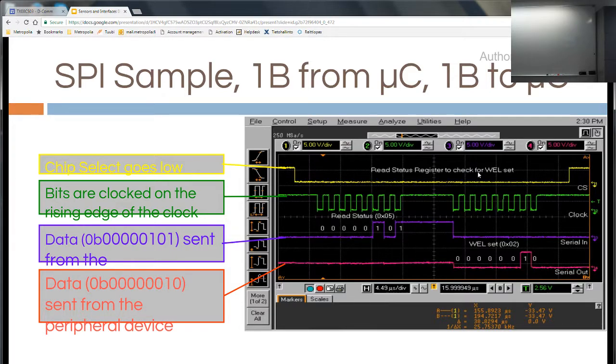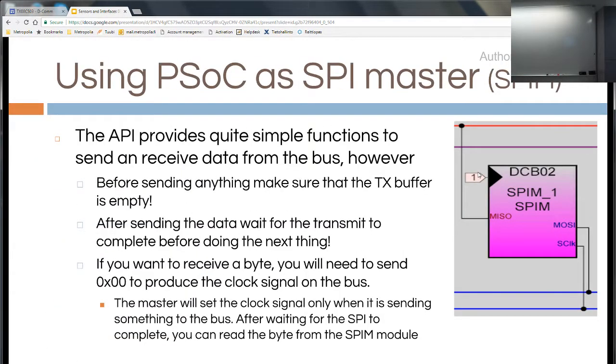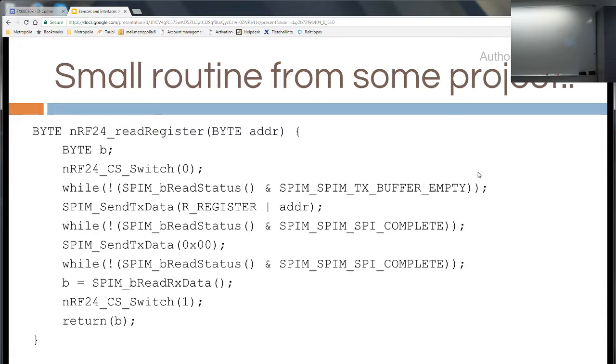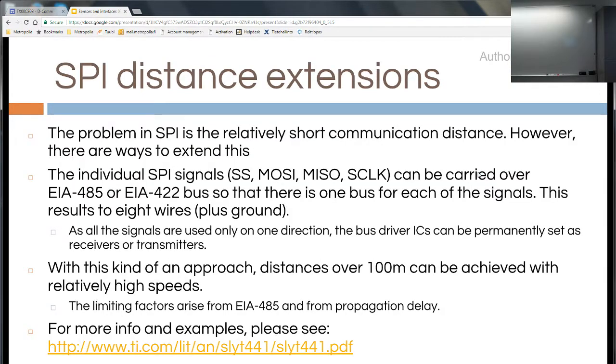This is what the device gives back. So that line here, that's the register value. And then end of transmission, and then return that byte.